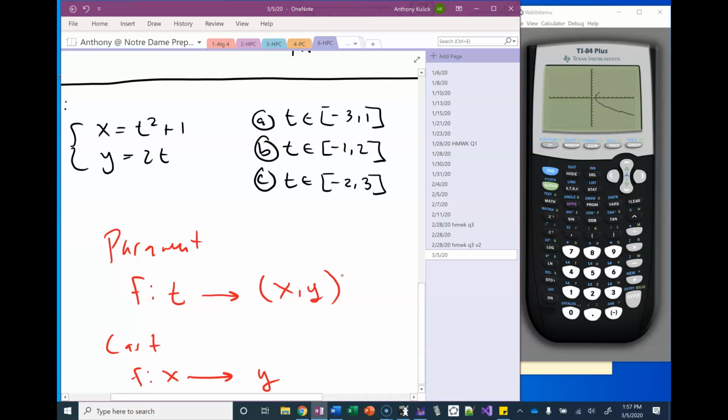It's still a function. Whereas if we're talking about in terms of x and y, if x goes to more than one y, that's a problem. But for parametric, our variable is not x and y, our variables are t and then the ordered pair x, y. So it is still a function because of that. Now that's a little bit abstract and maybe not easy to see that subtle difference there, but it's not critically important either. Just that it's okay to fail vertical line tests for parametrics. That's okay. Not the same test.